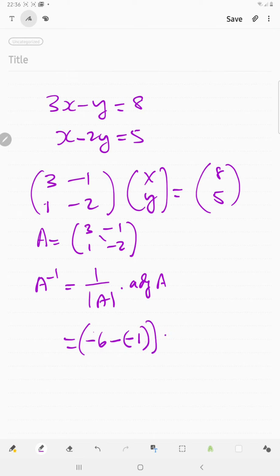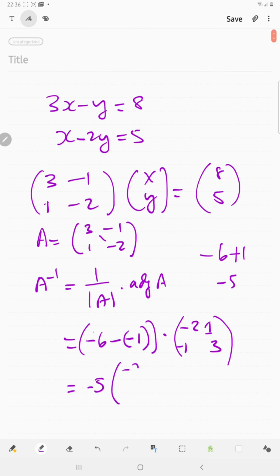So if it is like that, then adjoint of that one is equal to negative 2, 1, negative 1, 3, because I've multiplied by negative, so it has turned positive. So this gives us negative 6 plus 1, which is equal to negative 5. So it's equal to negative 5 multiplied by negative 2, 1, negative 1, and 3.